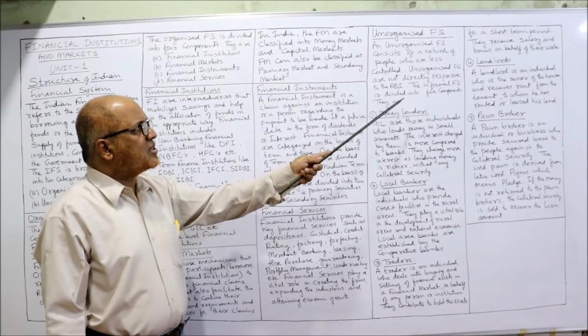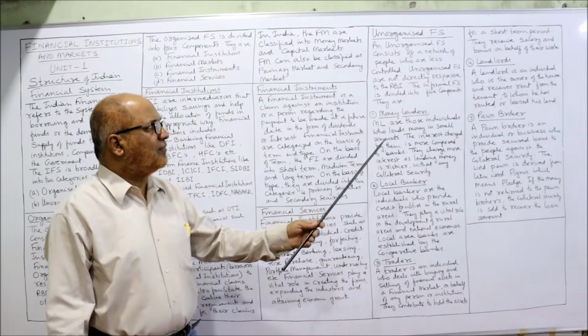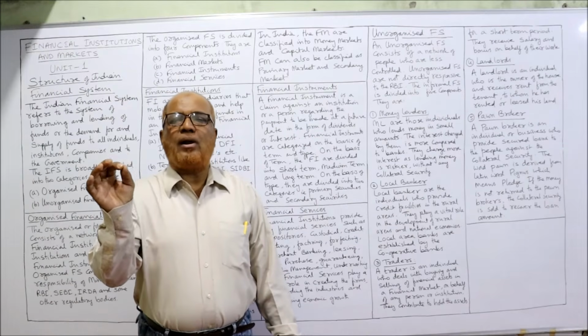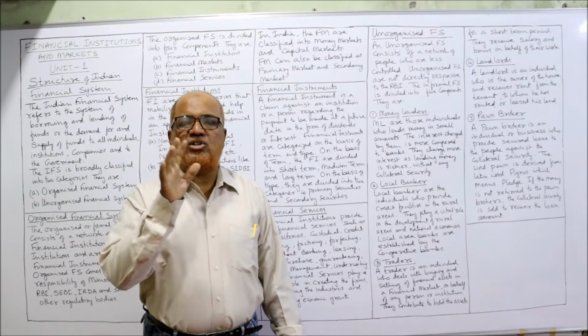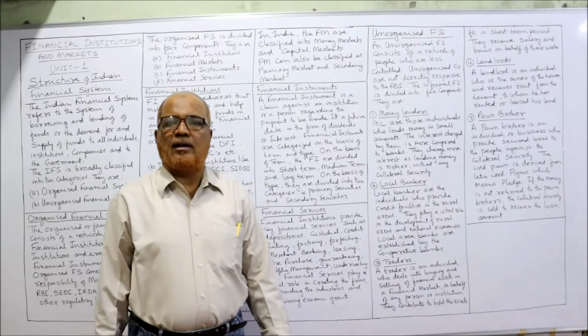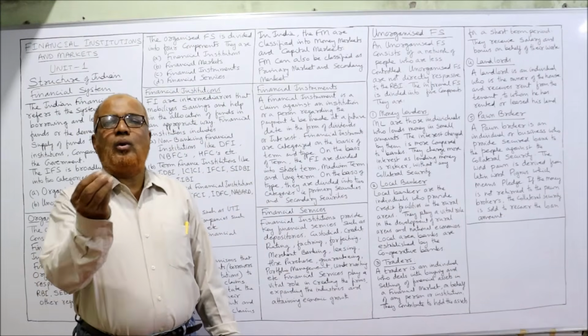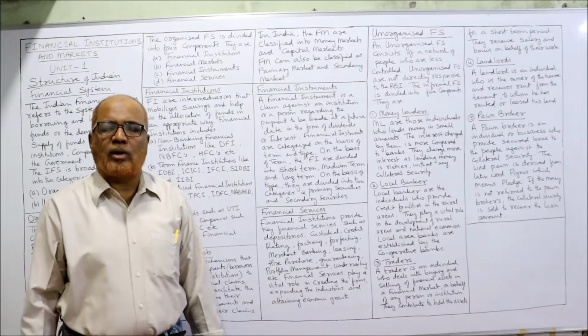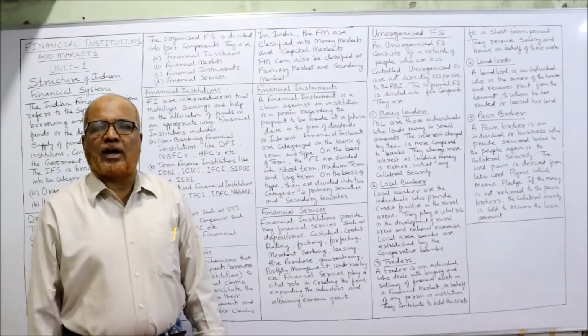The informal financial system is again divided into 5 components. The first example is money lenders. These are the people who lend small amounts of money to borrowers for a short period of time.